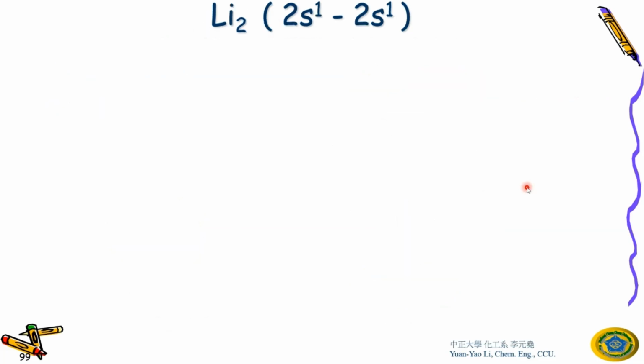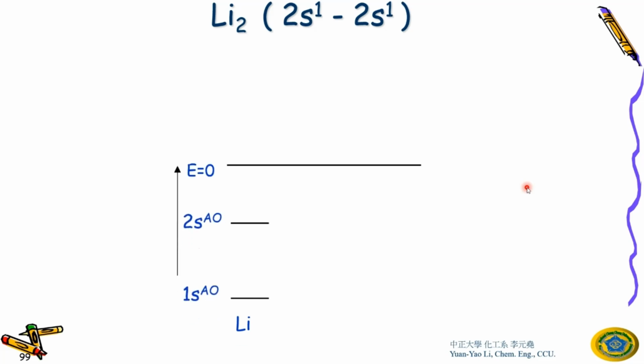Okay, so let's take a look at 2s1, which is lithium. So lithium is the same case. It's just different in the principal quantum number, from n=1 to n=2. So lithium has 3 electrons: 1s2 and 2s1, right?